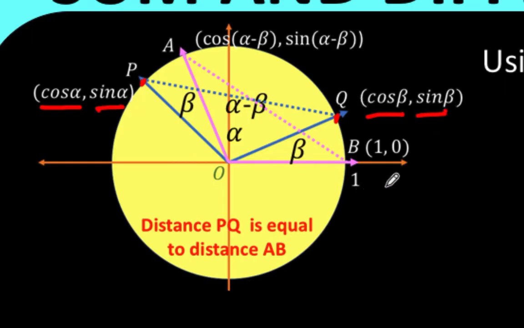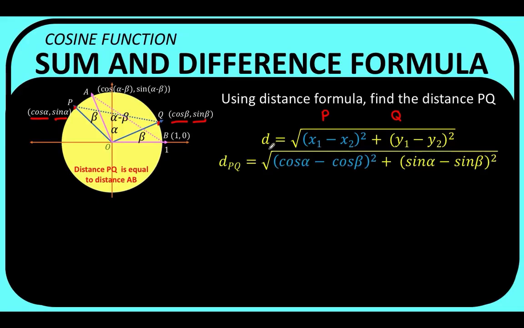So using those values to substitute in our formula, we arrive at this. The distance PQ is equal to the square root of (cosine alpha, which is our x sub 1, minus cosine beta, which is our x sub 2) all raised to the second power, plus (our y sub 1, sine alpha, minus y sub 2, sine beta) all raised to the second power.